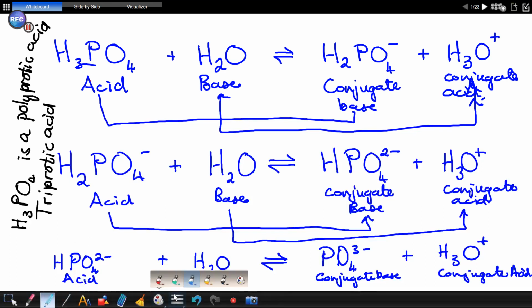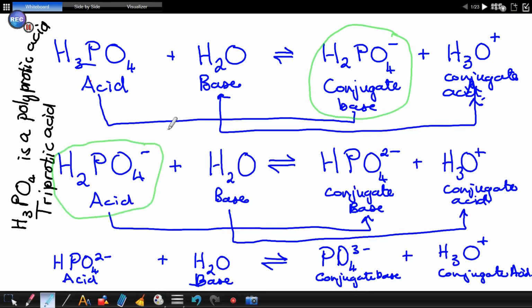So compounds that, depending on how you look at the reaction, can be a base or an acid, those are ampholytes. If they are married, in the same reaction, they are conjugate acid-base pairs. Wait, what's an ampholyte? It's something that can be both an acid and a base.